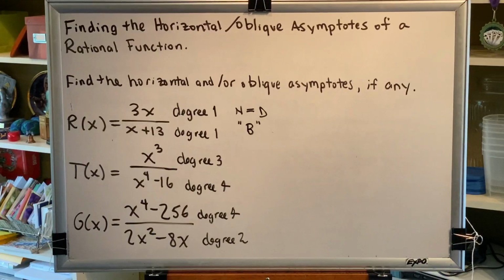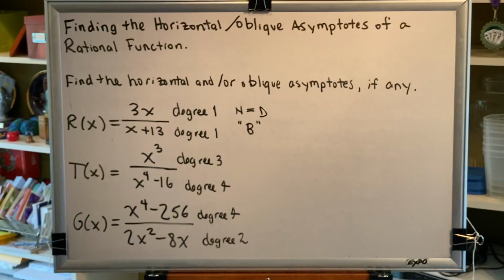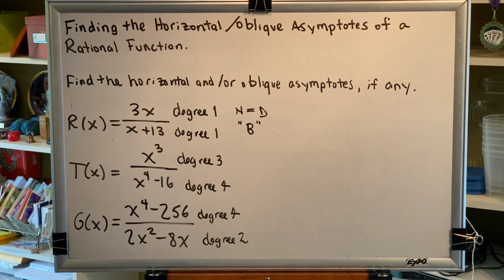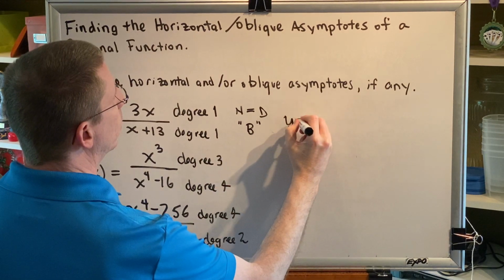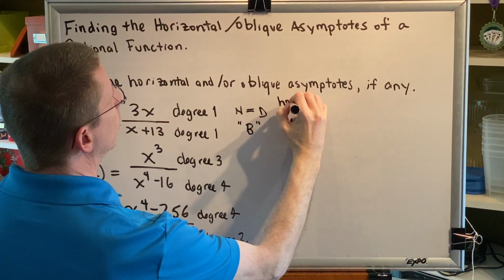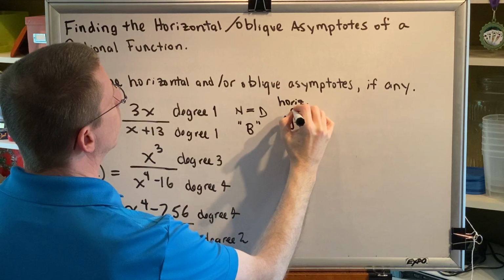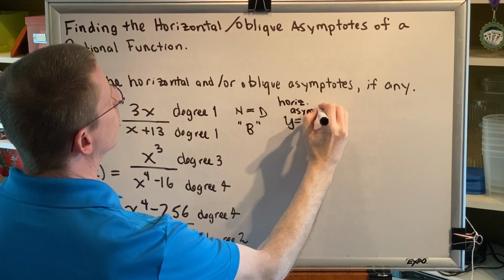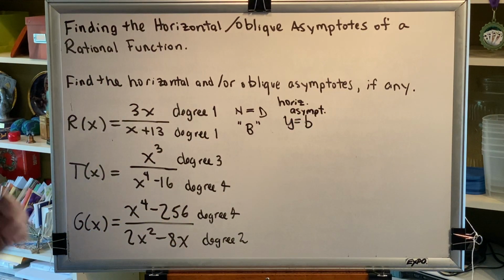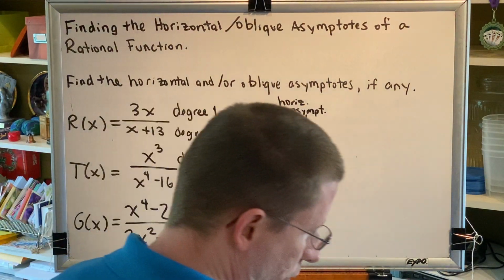Action B says, if the degree of the numerator and denominator polynomials is the same, then you will have a horizontal asymptote, y equals b, where b is the ratio of the highest degree term coefficients.